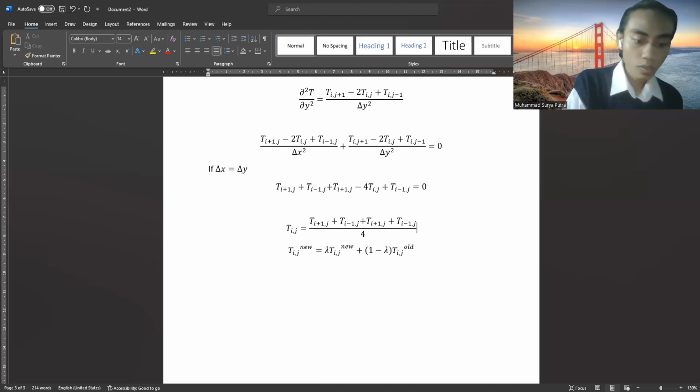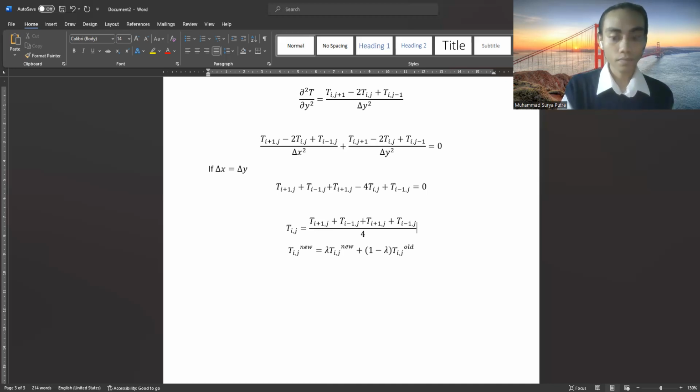So now we calculate the method, like the Liebmann method here. i is one, two, to n, for i equals one to n.